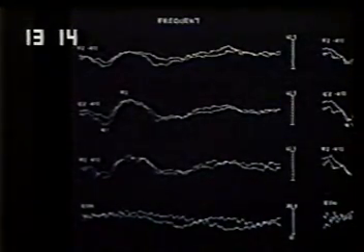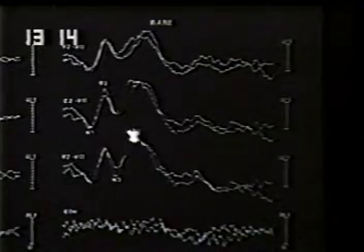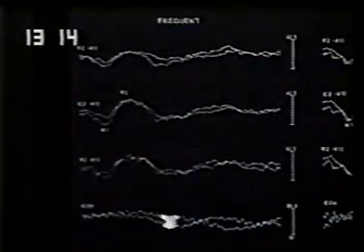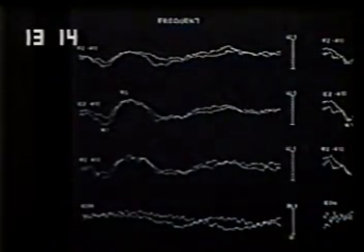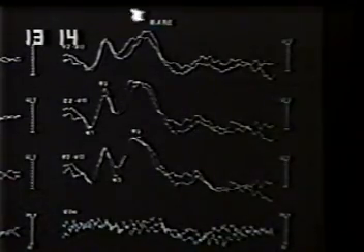But what you see here very nicely is that in response to the rares, these peaks over here are the P3 or the P300. You do not see them in response to the frequent, but in response to the rare, the "aha, that's what I was supposed to listen to," you generate this type of positivity.